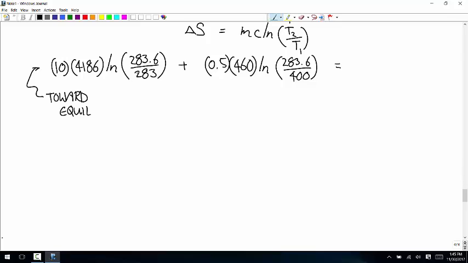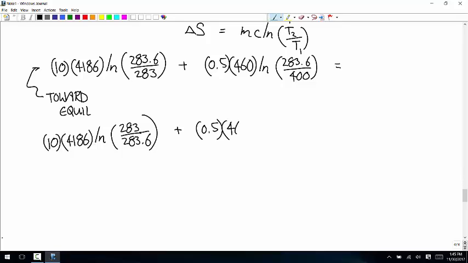The only thing that would change is that we flip which one we call T1 and which one we call T2. So we'd have 10 times 4186 times natural log of 283 over 283.6 plus 0.5 times 460 times natural log of 400 over 283.6.